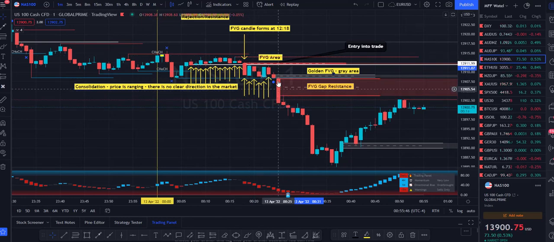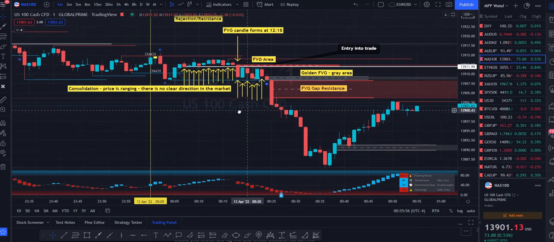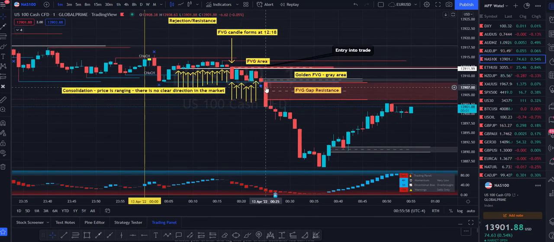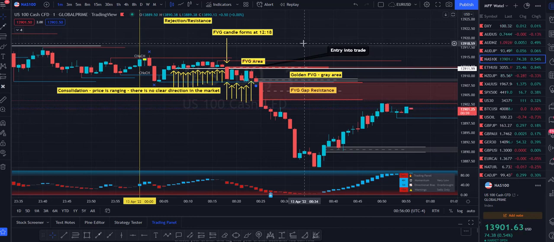Once this candle closed, we tested the FVG gap, or the resistance, and it broke away. So there are a lot of components letting me know that this is looking to be a good sell because of the strong resistance area that I had here.